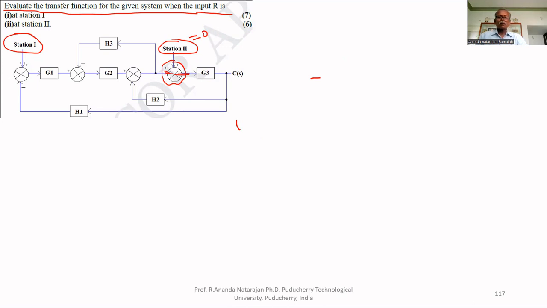Now let us find the transfer function. Here the problem is that these two are the innermost part. G2 is the innermost part that we cannot simplify because of this. If you do for this feedback, this summing junction is a hurdle.